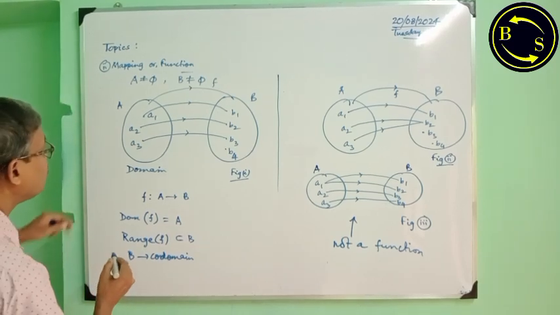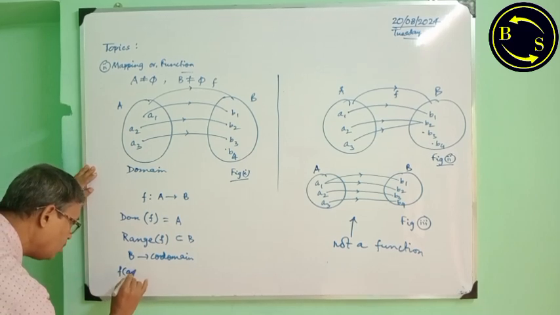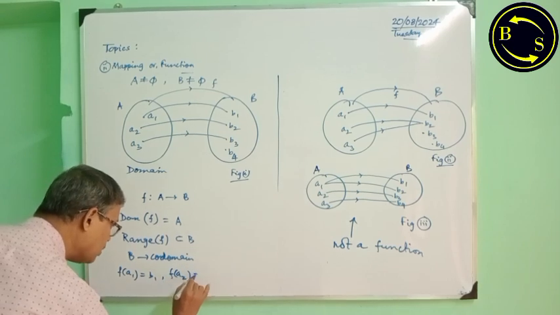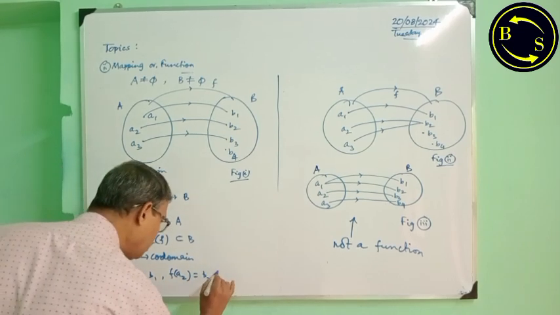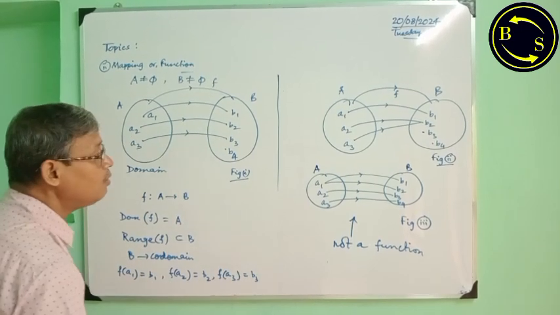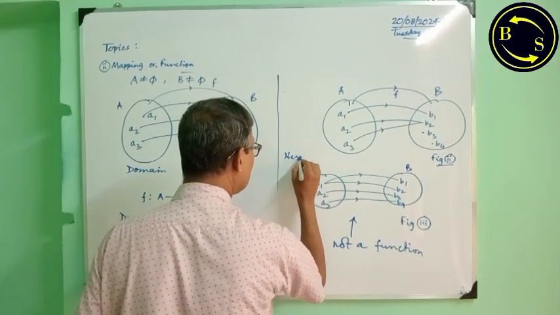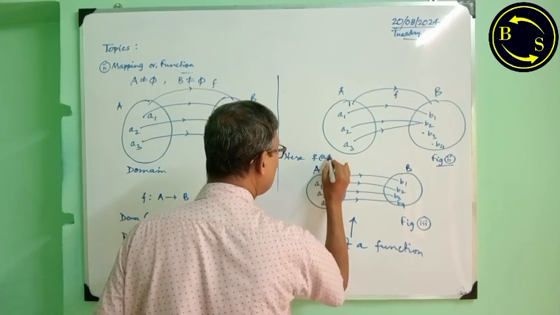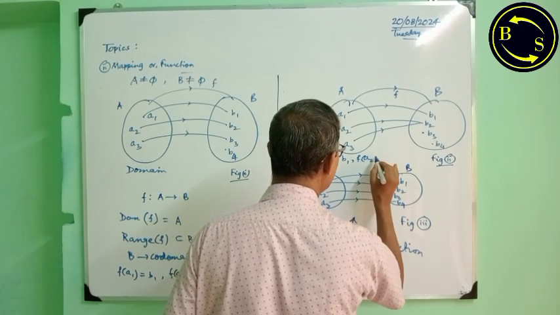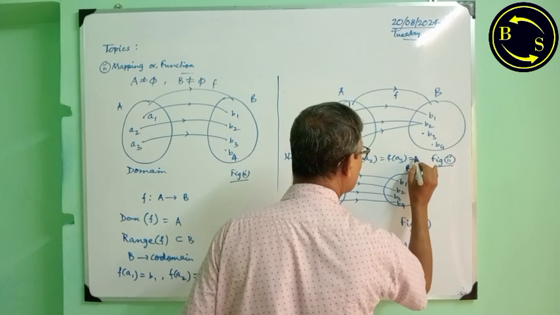And we write this matter also, if A1 equal to B1, if A2 is equal to B2, if A3 is equal to B3. But for this example, if A1 equal to B1, if A2 is equal to, if A3 is equal to B.